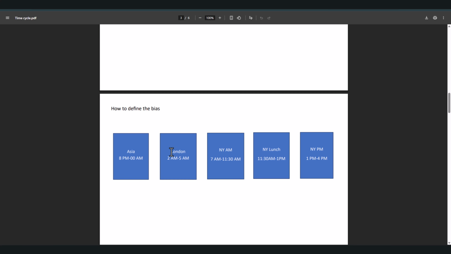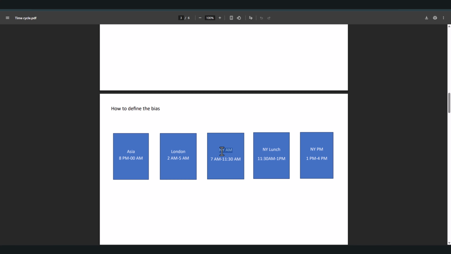So how to determine the London's bias? If London sweeps Asian high, then your London bias becomes sell. If London sweeps Asia low, then your London's bias becomes buy. Same for New York AM, you have London session and Asia session.